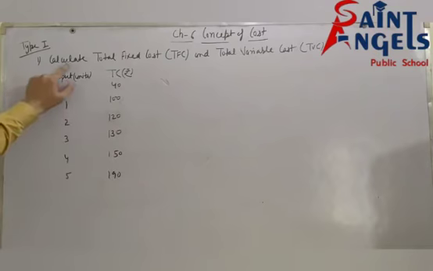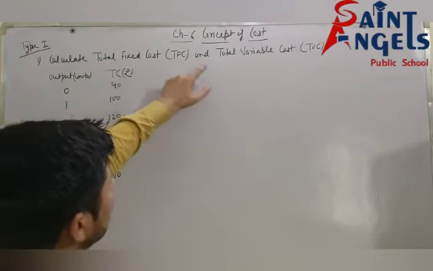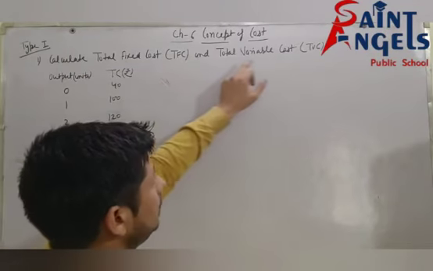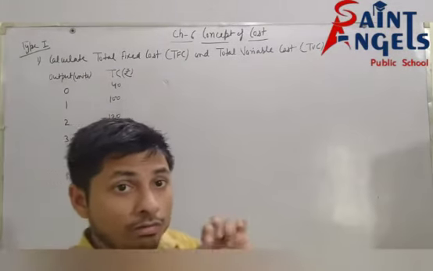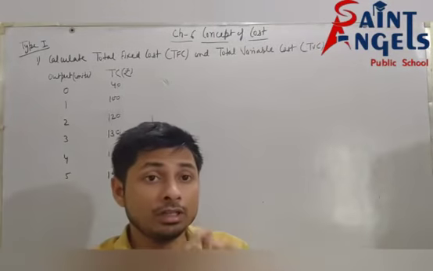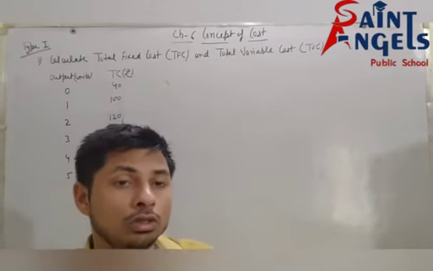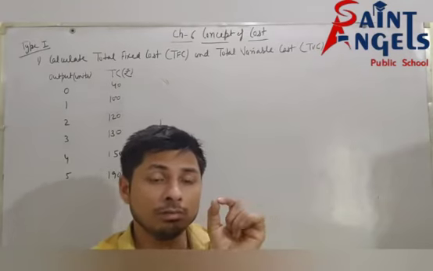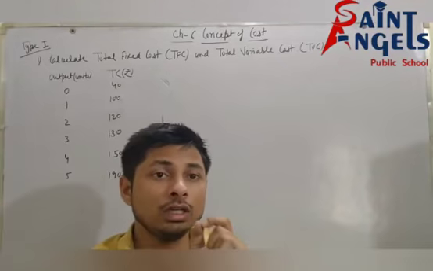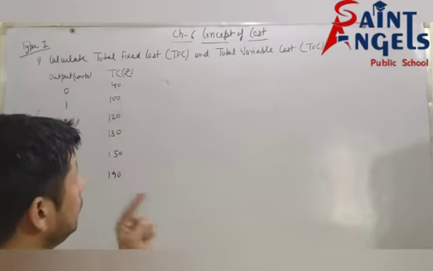See, type 1. Calculate total fixed cost and total variable cost, means TFC and TVC. Always remember, we have discussed note 2. Please see note 2 in your formulas.